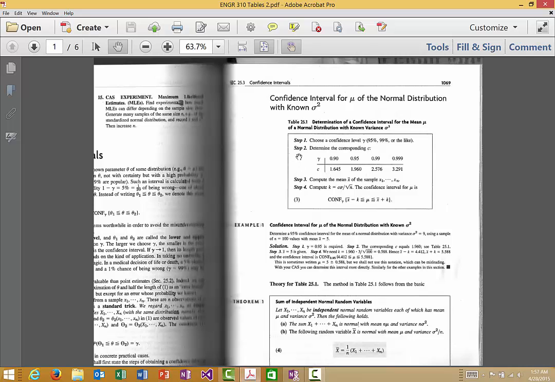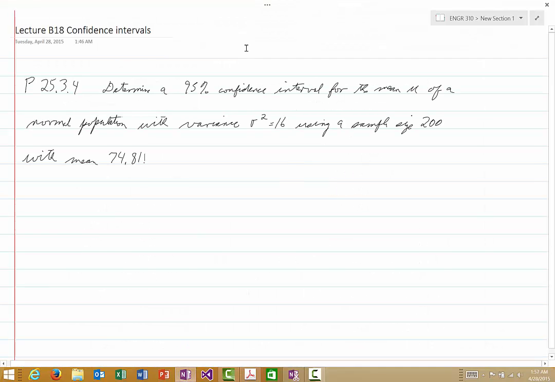Now we go to step 2, determine the corresponding C. Well, since gamma is equal to 0.95, C is 1.96.